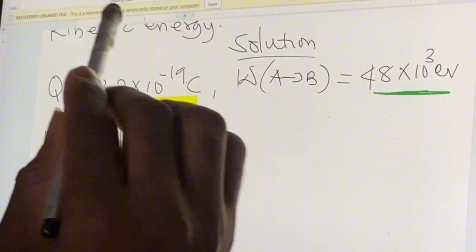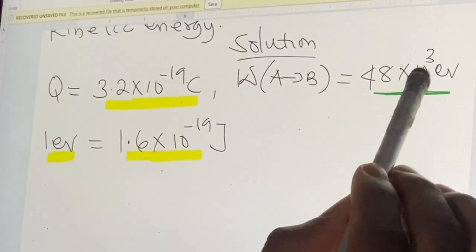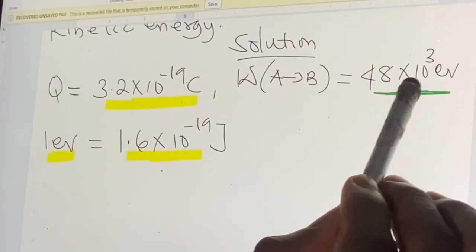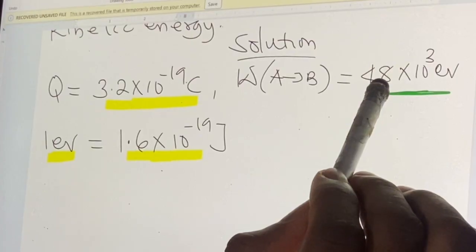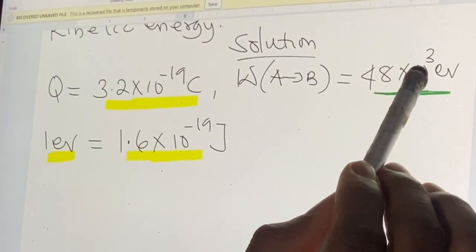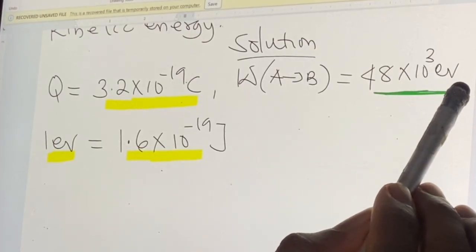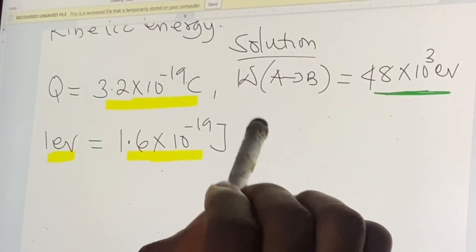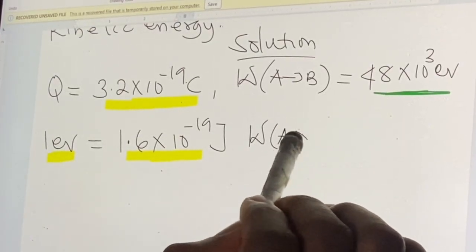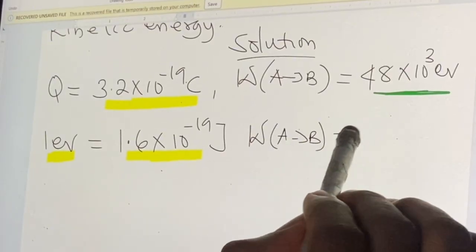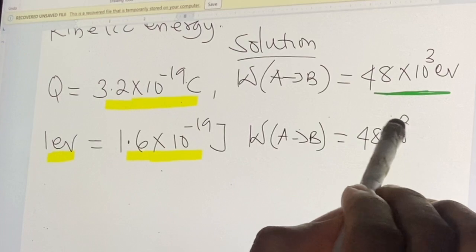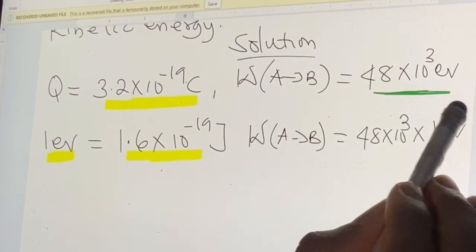If I have this to be 48 times 10 to the power of 3 electron volt, this can also be interpreted as 48 times 10 to the power of 3 times 1 electron volt. All right. So if that is so here, our work done will be equal to 48 times 10 to the power of 3 times 1 electron volt.